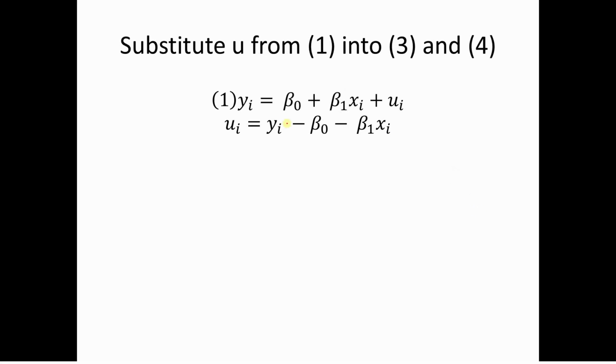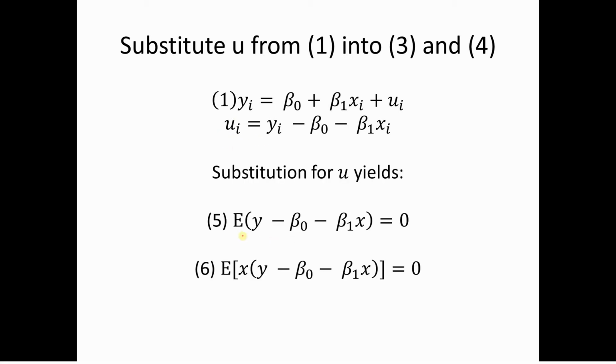Now we're going to go back to equation 1, solve it for u_i, and plug that into equations 3 and 4. Where there was the expected value of u equals 0 previously, we've now inserted this long term. The same goes for equation 6, where there was the product of x times u; now we've substituted in for u.